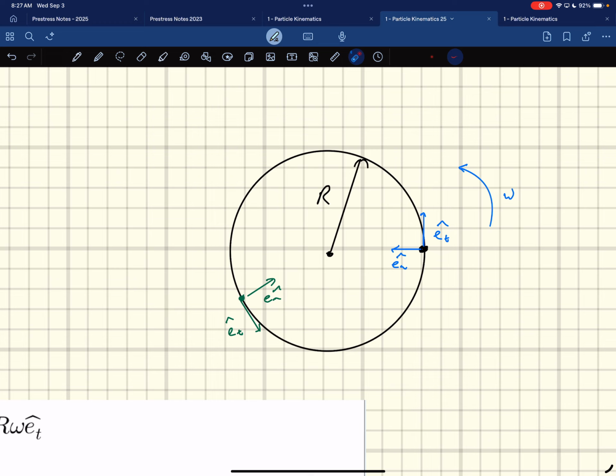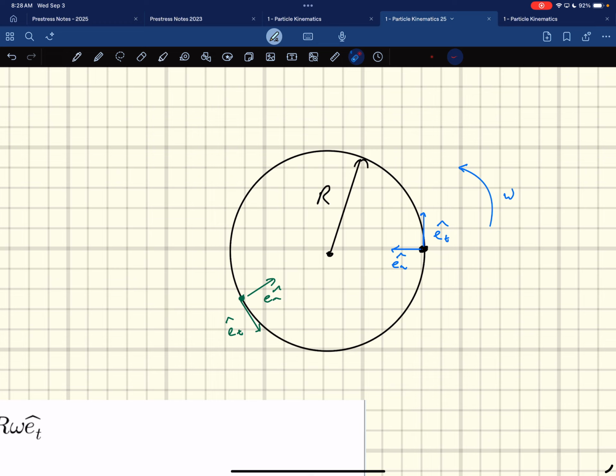Where things get a little hairy, and we'll talk about this a little bit later, is if I've got two particles and I want to say, are they close to each other or do they hit each other? Then I have to start worrying about it. Both of them are going to have their own ET and EN direction, and they're going to be at different locations at different times.